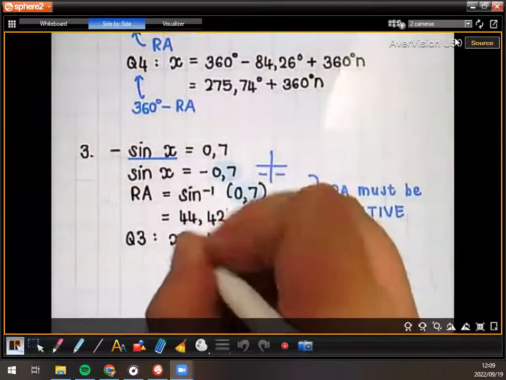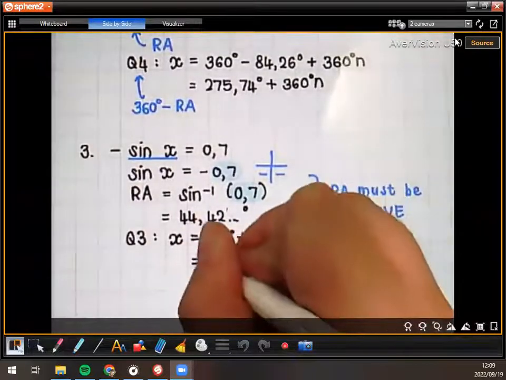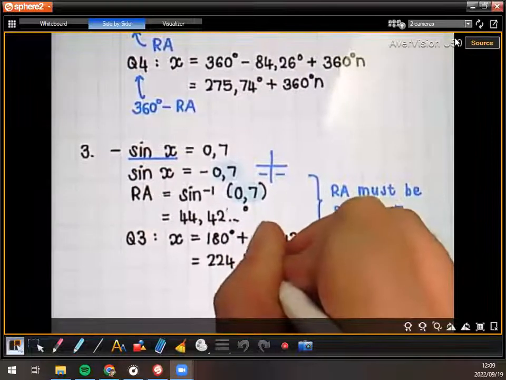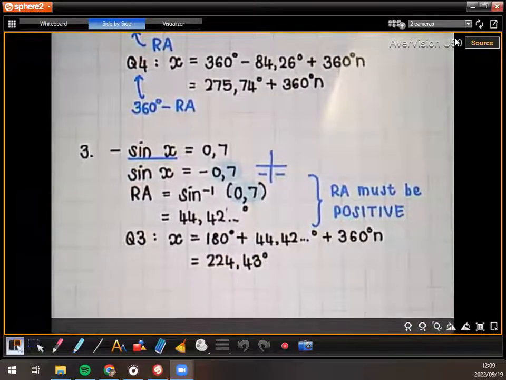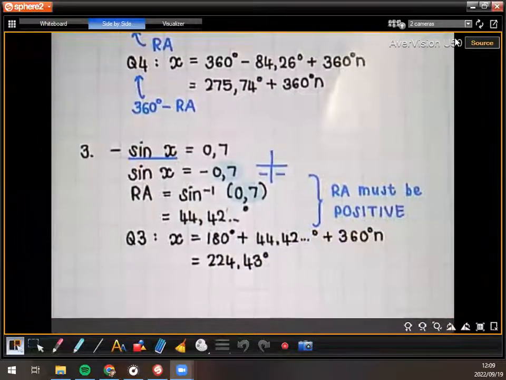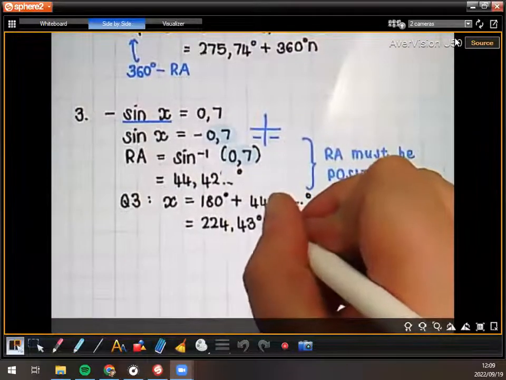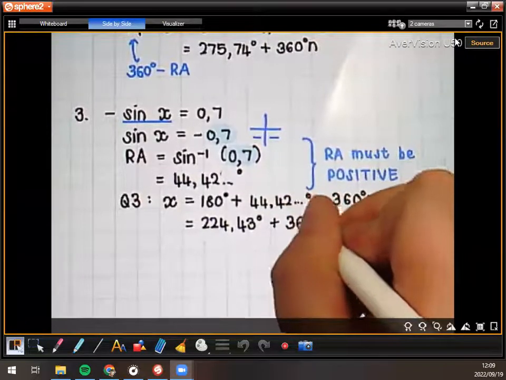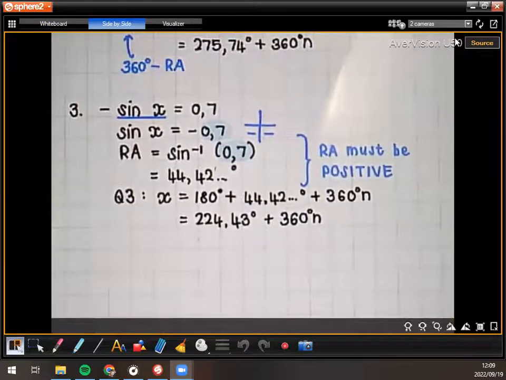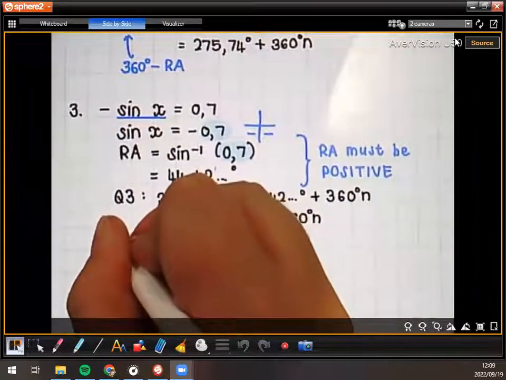You have to type this into the calculator, and we get 224,4. For this one we do have to round, because this is a final answer. It was 427, so we round up, and then plus 360n. Guys, again, please remember, if you leave out that plus 360n once, you lose a mark. You have to write it every single time. So that's our third quadrant general solution.